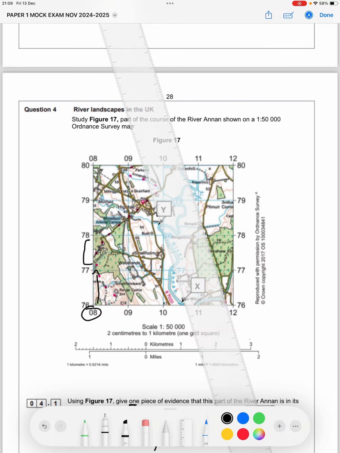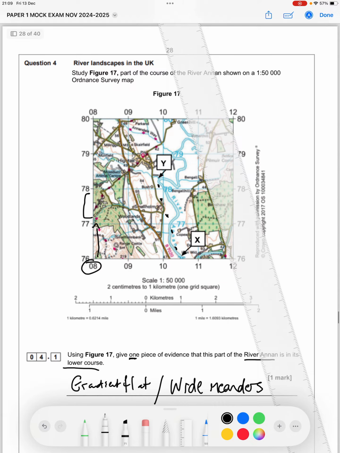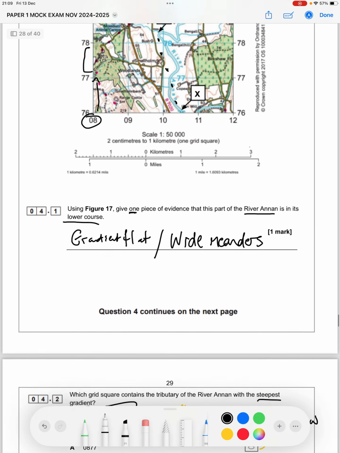So assuming this ruler is correct, you've got 1, 2, 3, 4, 5. So we've got 5 centimeters, okay, and we know that 2 centimeters is worth 1 kilometer. So we know that if 2 is 1, then 4 is 2, then half a kilometer would be 1.